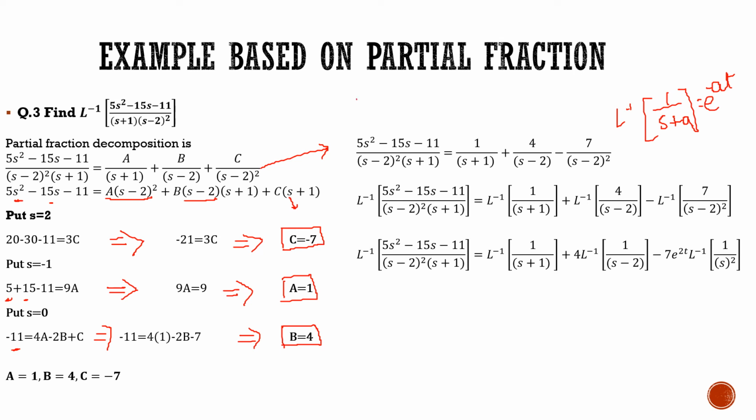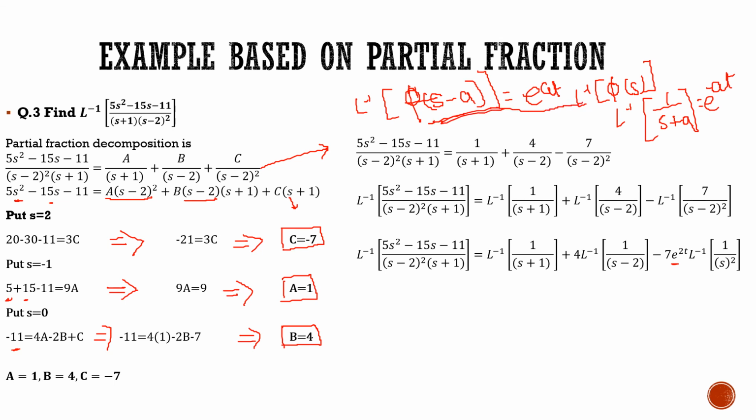I am just writing over here, if you are not aware, if there is phi of s minus a in a Laplace inverse, it will be e raised to power at times the Laplace inverse of phi of s. So e raised to power at means e raised to power 2t, and the s minus a term will become phi of s squared.